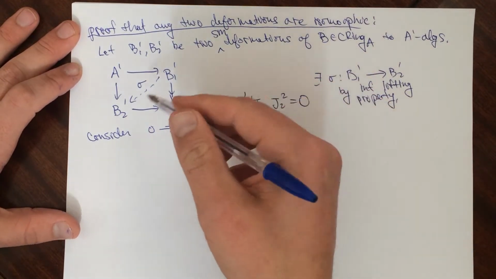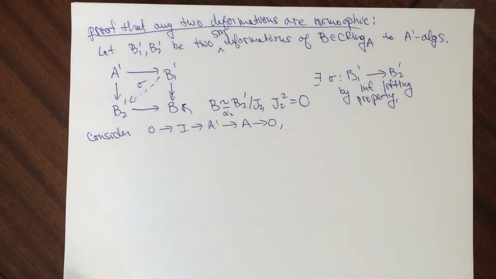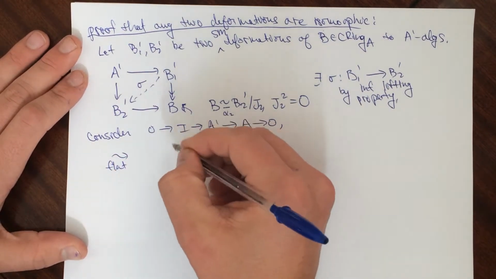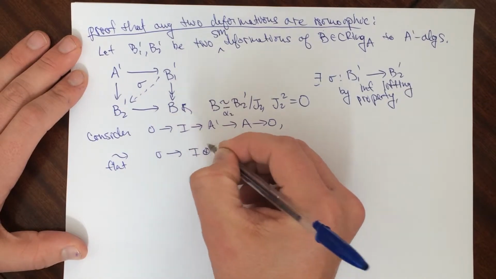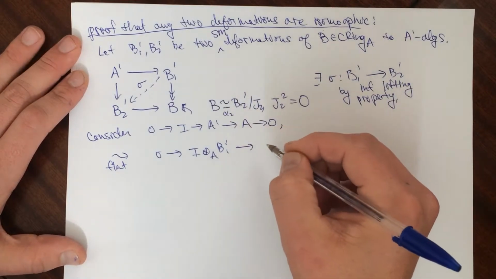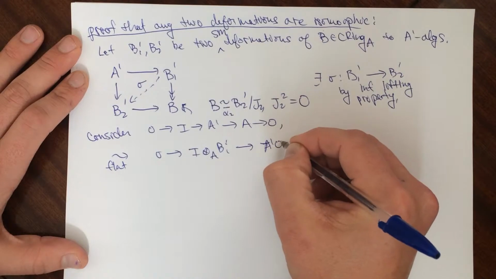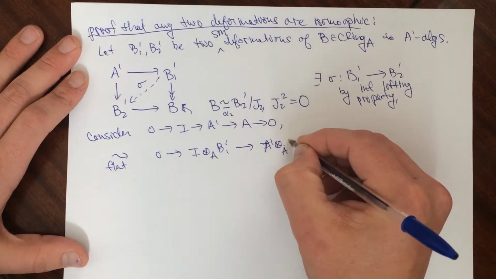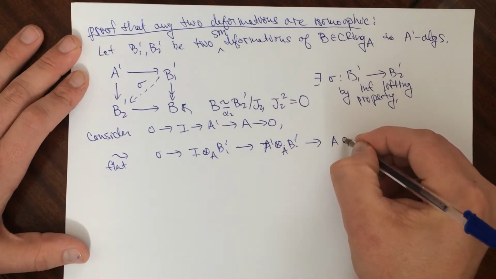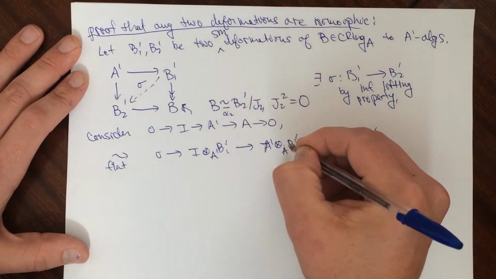Since we assume that this map is flat, or sorry, it's smooth, it's also going to be flat. So flatness tells us that 0, I tensor A prime Bi prime, to Bi prime, to A tensor A prime Bi prime, which is B, to 0.